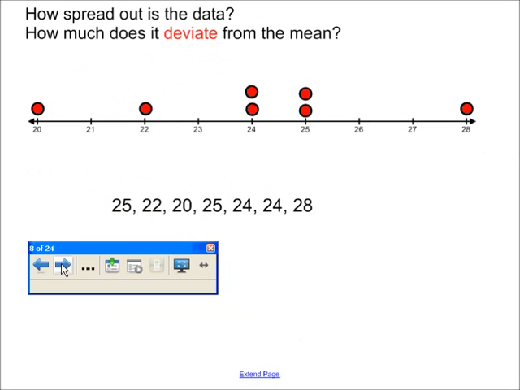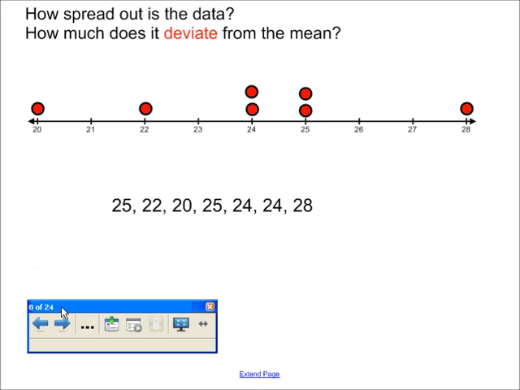So what do we mean when we talk about deviations? Well, a deviation is how far something is away from the mean. This is our data set from before, and we said mu was 24. The first point down here has a deviation of -4 because it is 4 away from the mean. The data point of 22 has a deviation of -2.